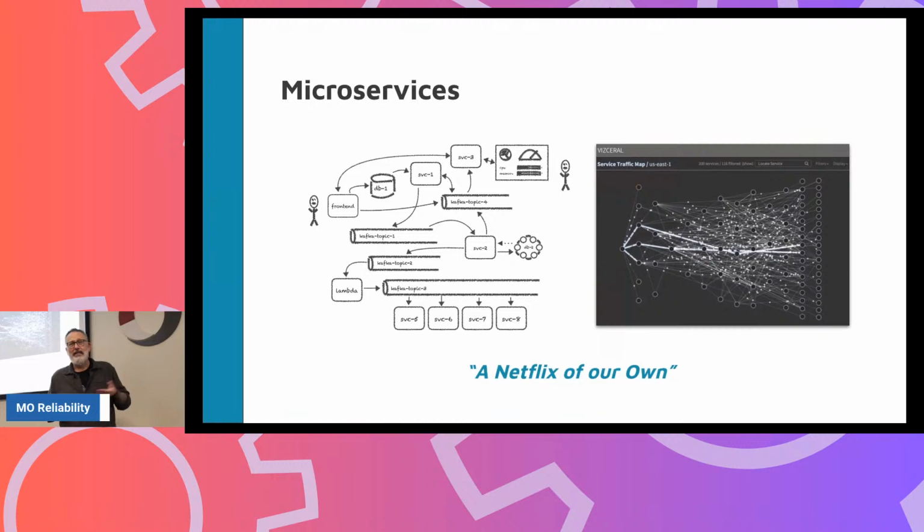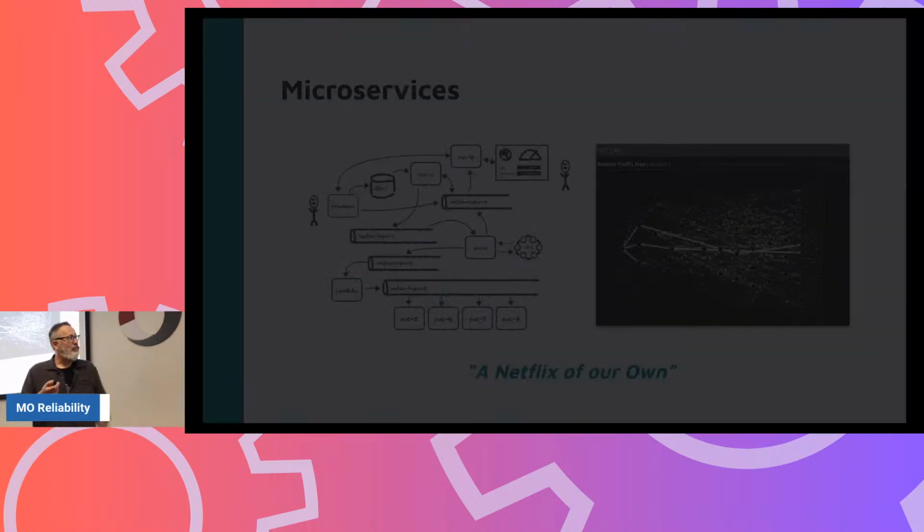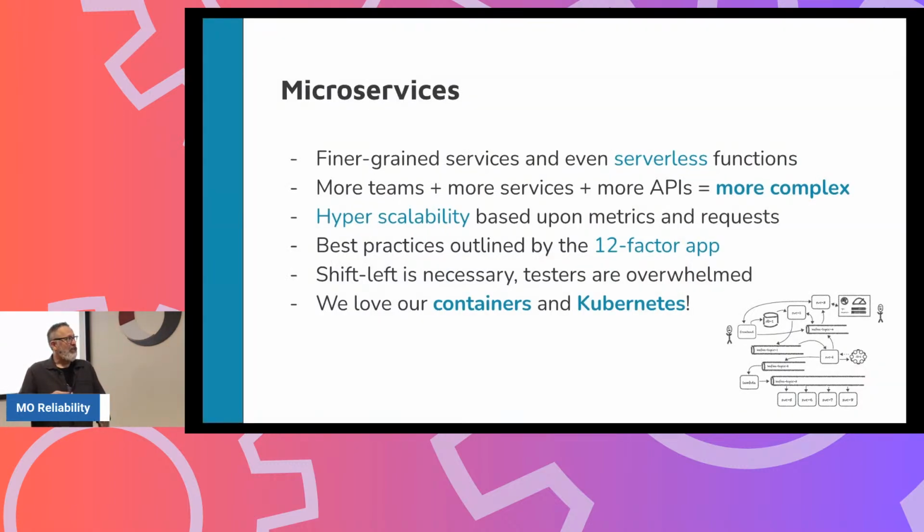I'm sure it's worse by now, but a lot of connectivity, a lot of things interconnecting and talking. So very complicated. You can't really figure out the whole thing just from one application. And then the finer grained services were there, so you could even do serverless functions, even smaller, finer grained applications.